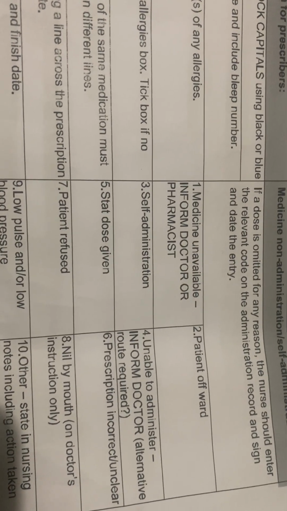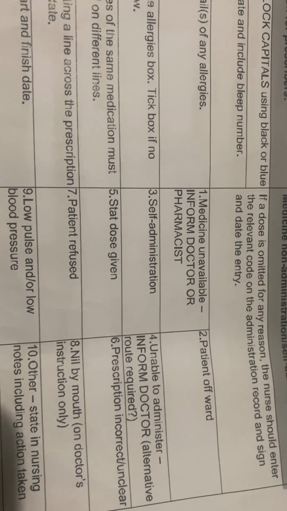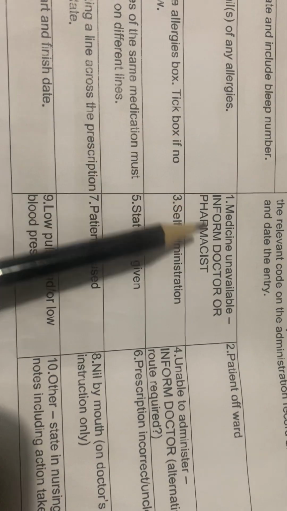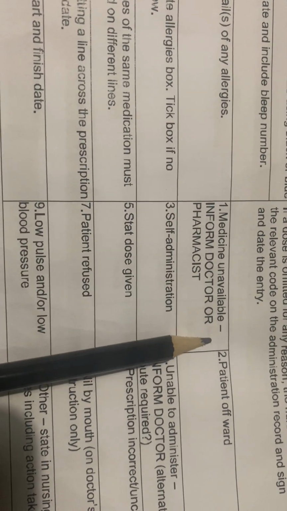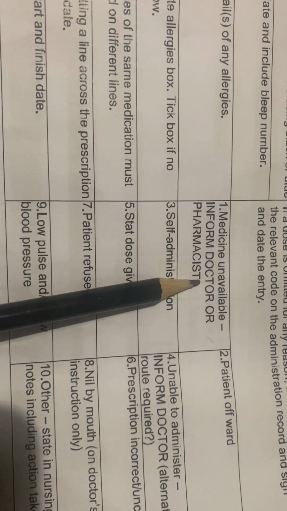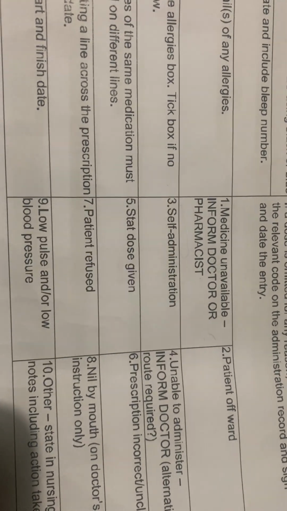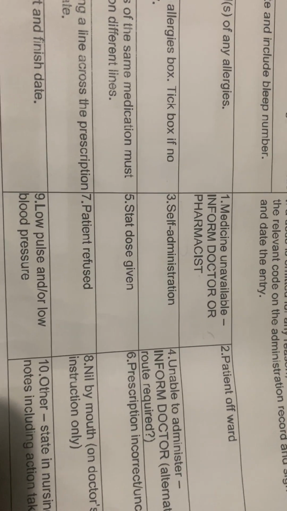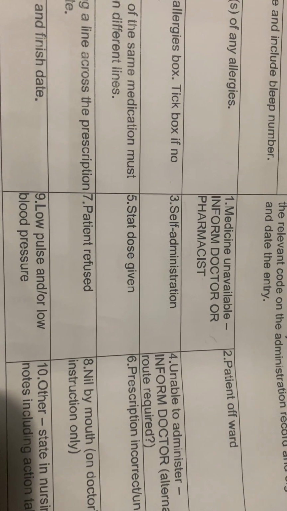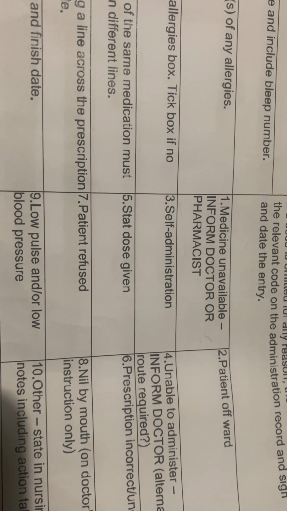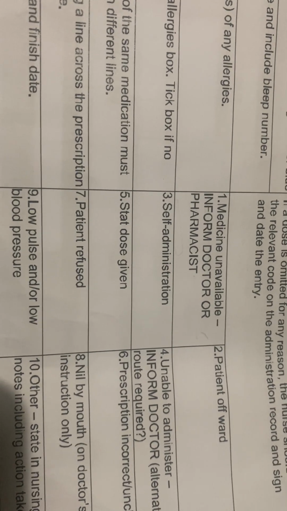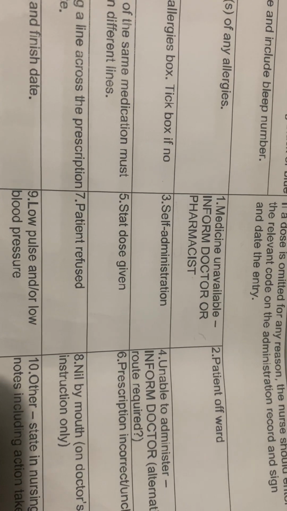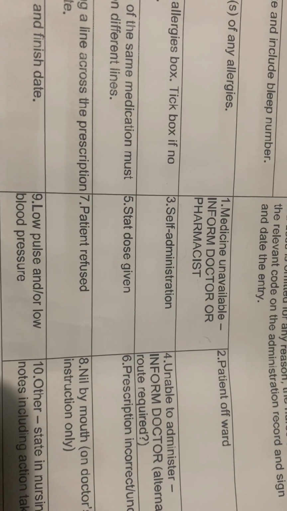Now, for code 1, it says medicine unavailable, inform doctor or pharmacist. Say you want to do Mrs. Jones's medication, and you notice that one of her medications, let me say paracetamol, is no more available.